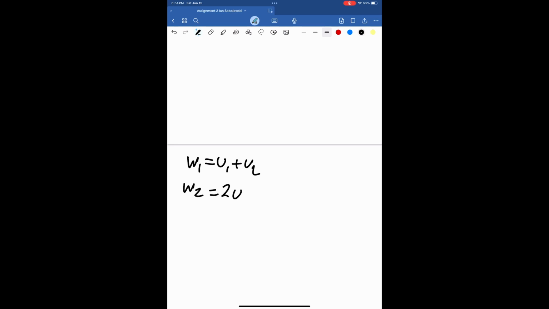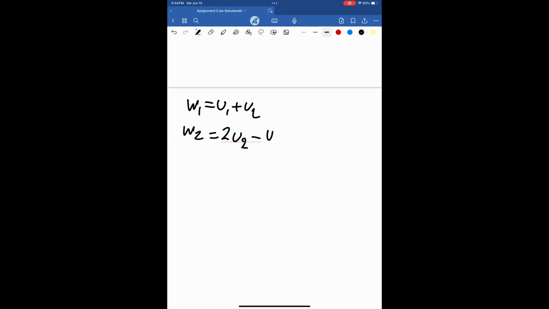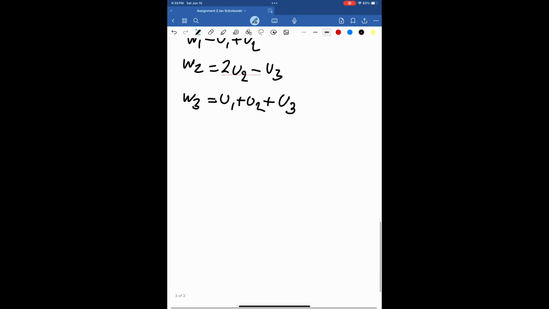I'll just write it all out so it's all clearly seen here. Sorry if my handwriting's messy.